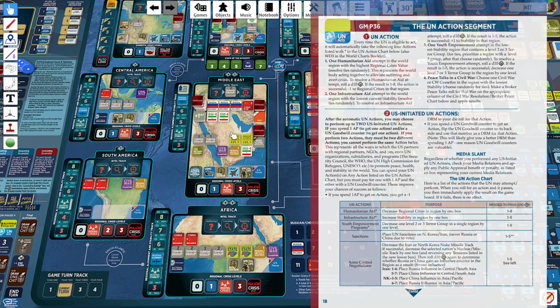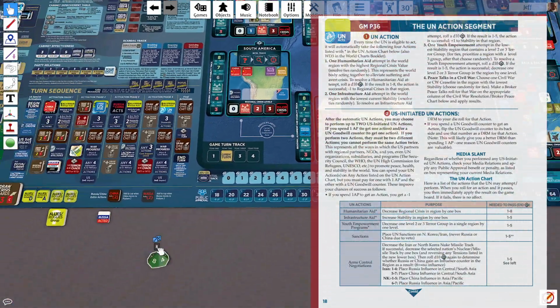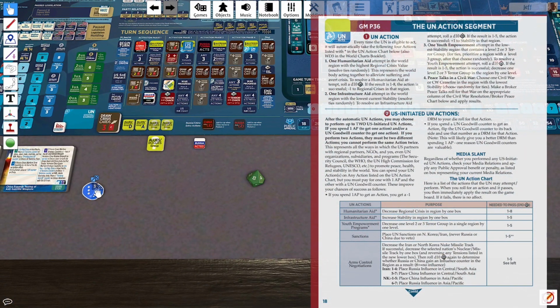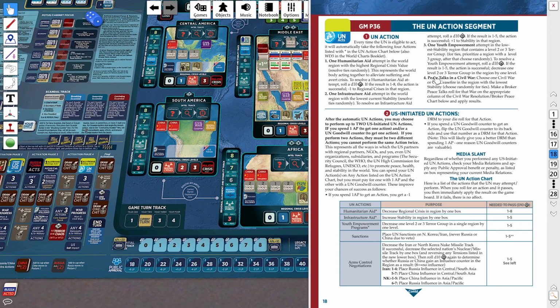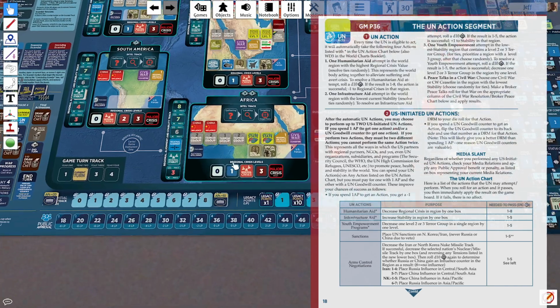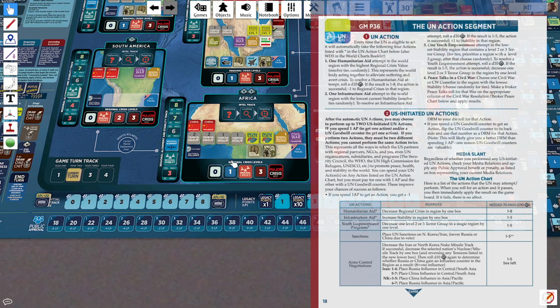These have the level 2 and 3. Africa or Middle East. So 1, 2, 3 for Africa. That one does fall in and cut the mustard. Decrease a level 2 or 3 by 1 level.